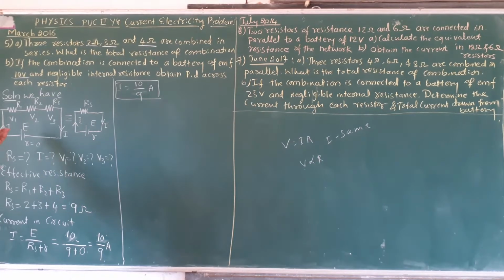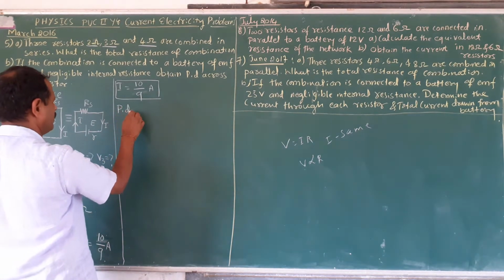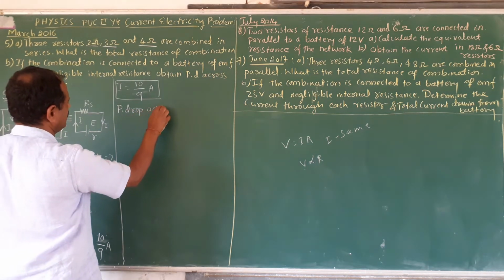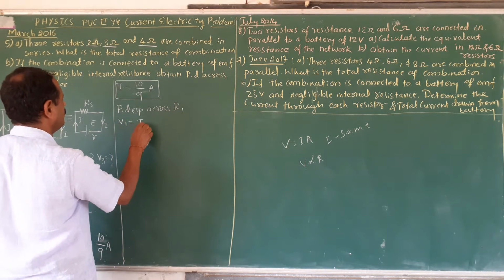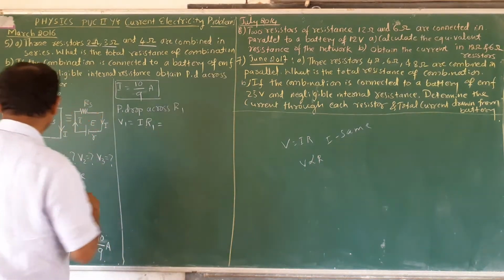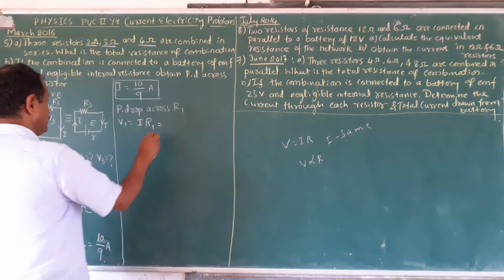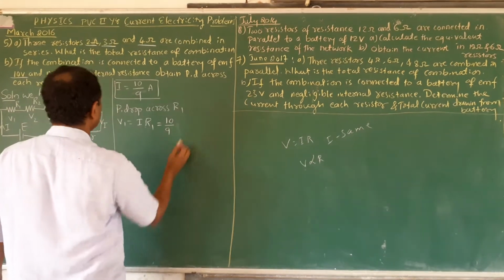Potential drop across R1. This is V1 is equal to I R1. I is 10 by 9, into R1.